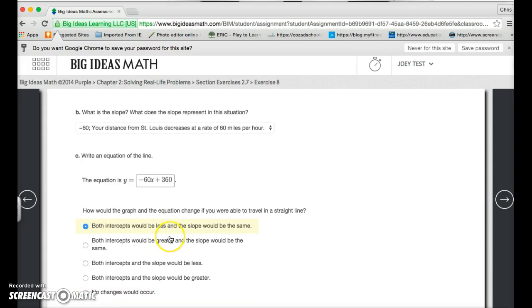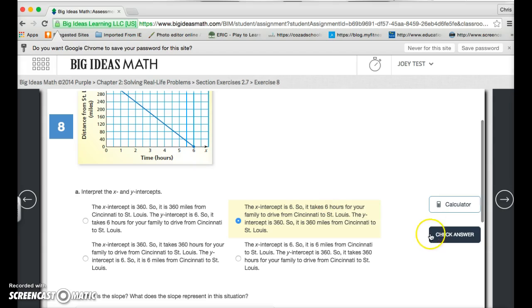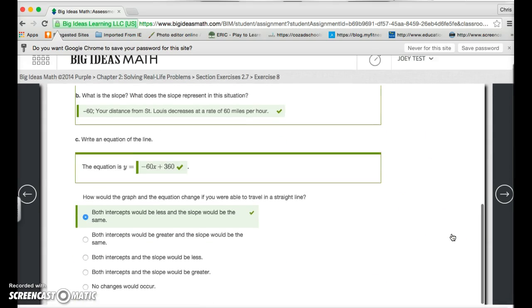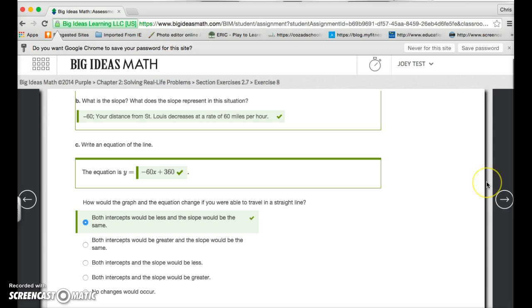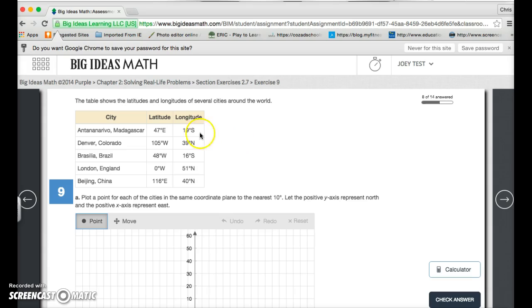Both intercepts would be less, but the slope would be the same? I bet that would be the case. Yep, both intercepts would be less, but the slope would be the same because we're still going the same speed. But if we could go in a straight line and not have to zigzag all over the place, both intercepts would be less.